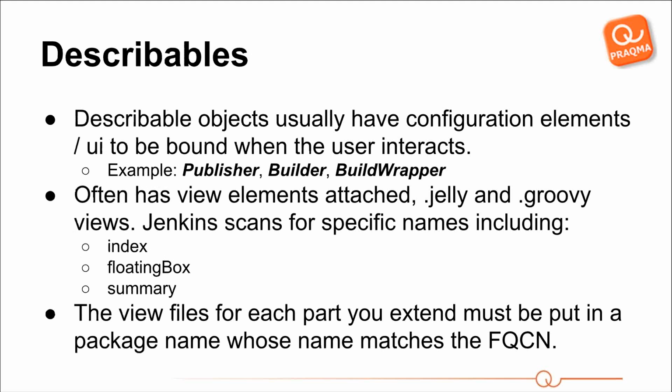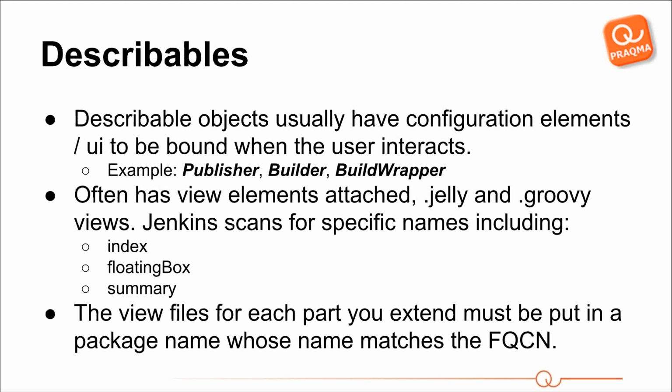There's also a config, which is basically for the builder, the view for the configuration screen in the job list. And the view files must be put in a package that matches the fully qualified class name of the describable object. But more on that, I'll show you how to do that later on.